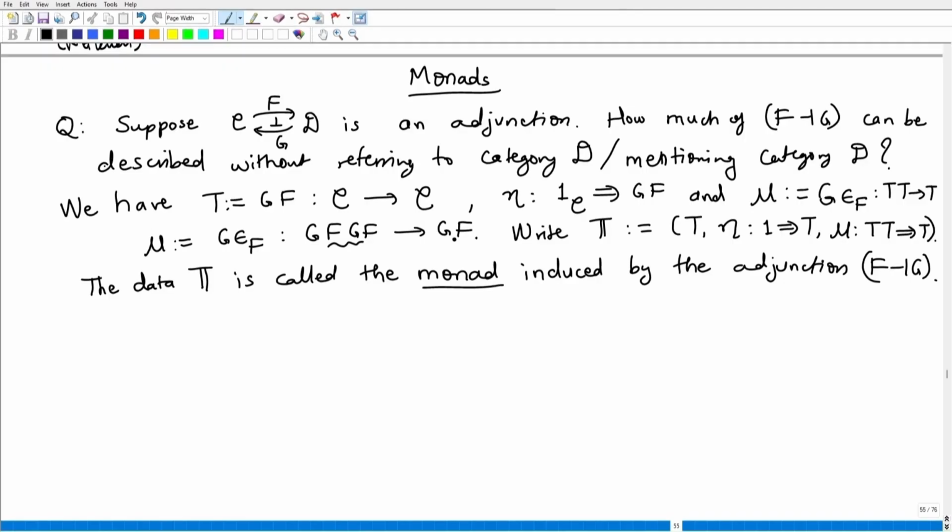T is a functor from C to C. So if we are looking at the category of endofunctors, like the functor category from C to C, then this is just one single object. What is eta doing? Eta is a morphism in that category, but that morphism is from 1.